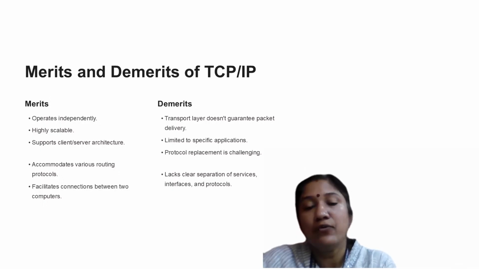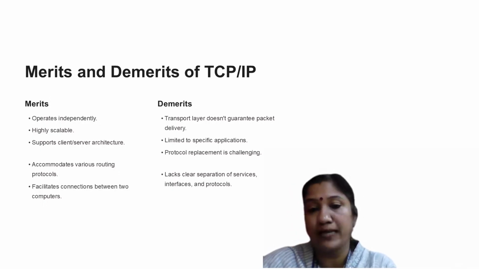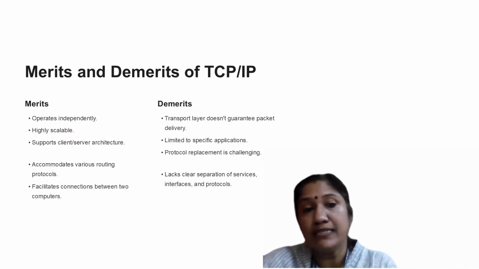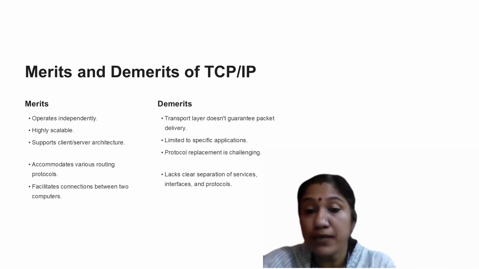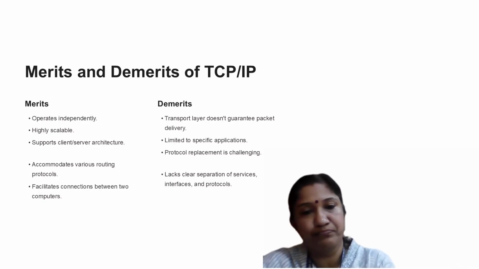The third is that it supports client-server architecture, the famous two-tier architecture. The next merit is that it accommodates numerous routing protocols for each service, and it facilitates connections between two computers.